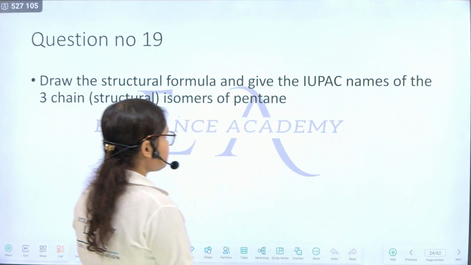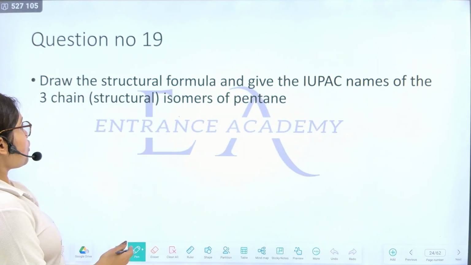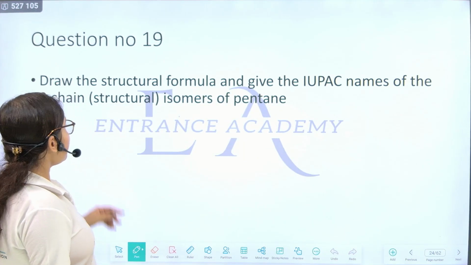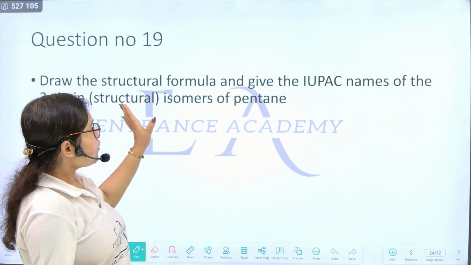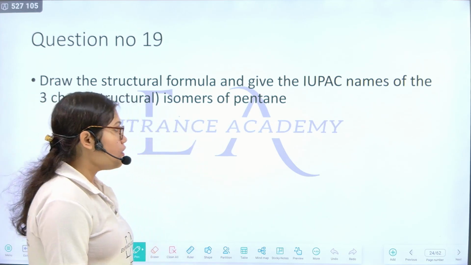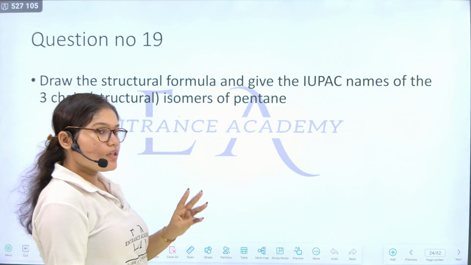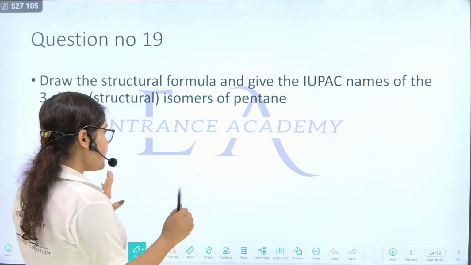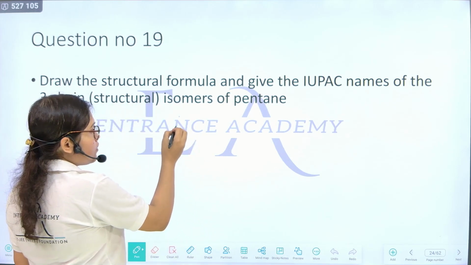Next question. Draw the structural formula and give the IUPAC names of the 3 chain structural isomers of pentane. So pentane has 3 structural isomers. First one is the general formula of pentane.